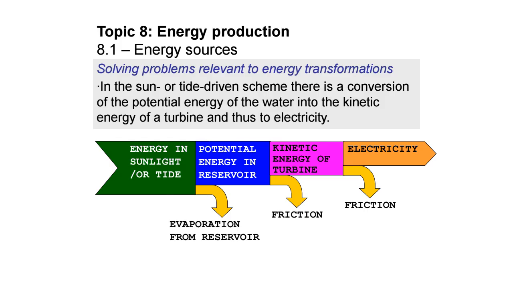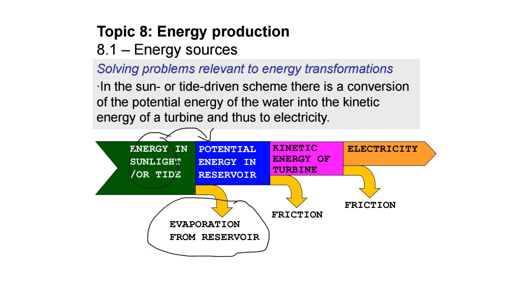And this is our Sankey diagram for a hydroelectric power station, where we always remember to include energy losses. Our first energy loss would be as the energy from the sunlight or the tide gives the water potential energy, some of that water evaporates again.